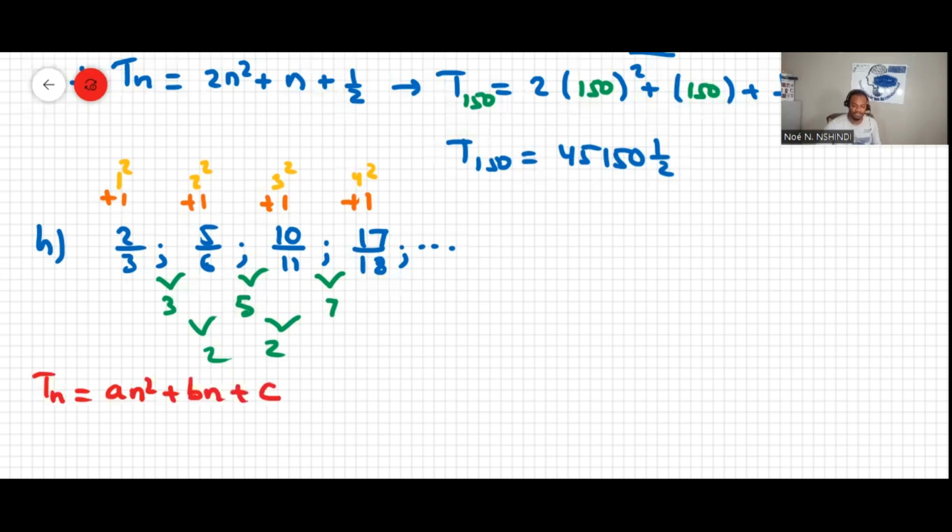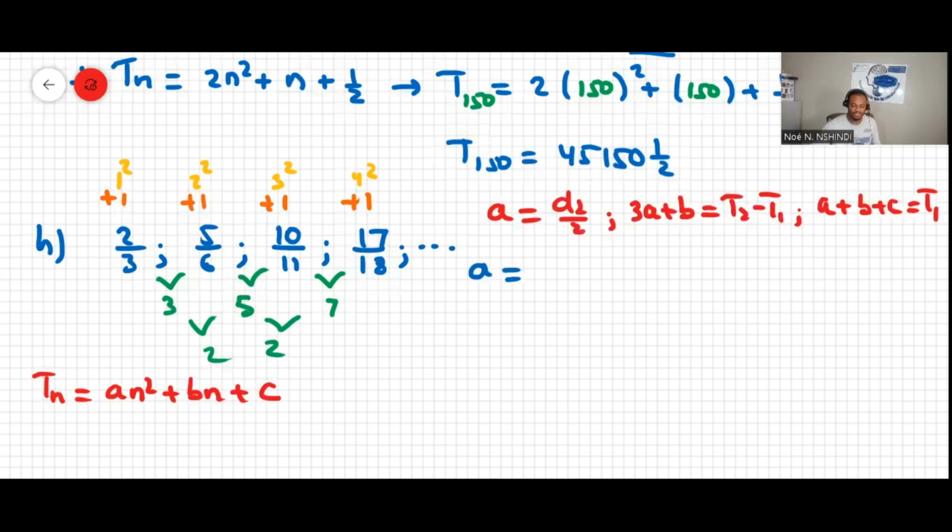And a is the second difference over 2. And then 3a plus b is equal to the difference of the first 2 terms, t2 minus t1, and a plus b plus c is equal to t1. Now let's do it.